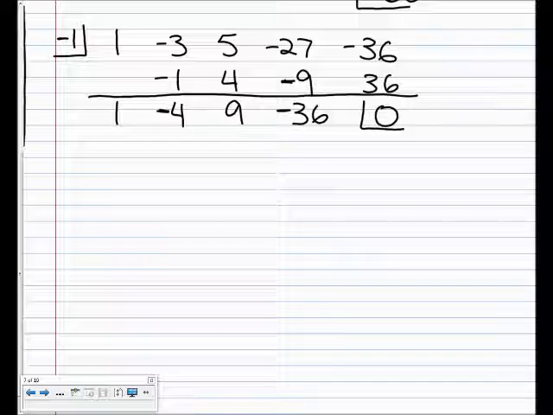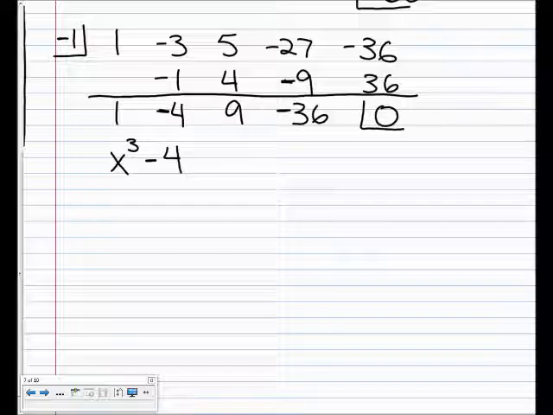And when I taught you synthetic division, you can write down what is left using these numbers. What did we start with as the degree of that polynomial? It was 4. What's 1 less than 4? So it's going to be 1x cubed.